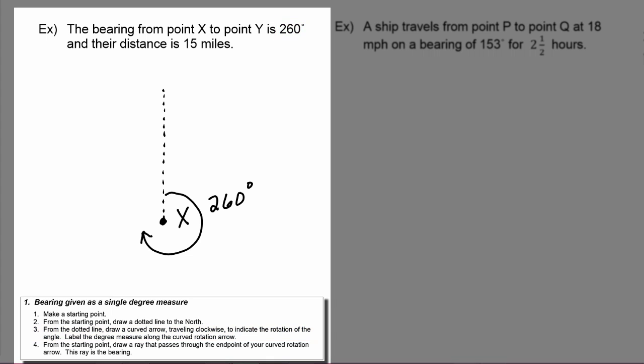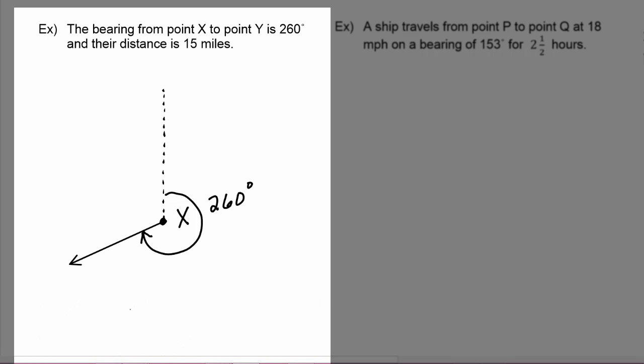Step 4 says we'll draw a ray from our starting point through the end point of our curved arrow, and that's our bearing. We know that our bearing is looking at point Y, so we need to come to the end of the bearing here and call that point Y. And then the distance between those 2 points is 15 miles.